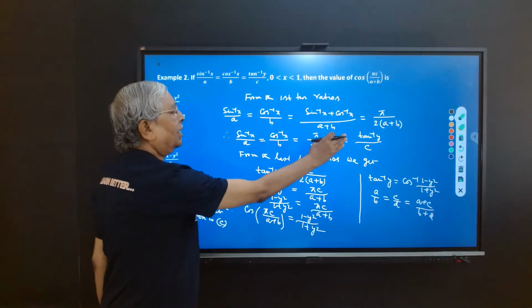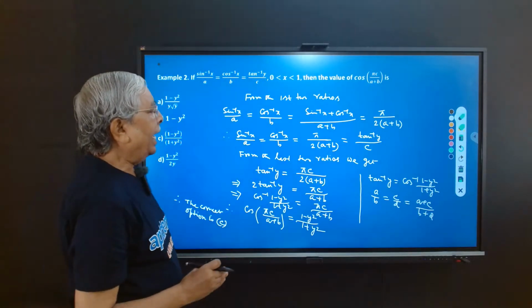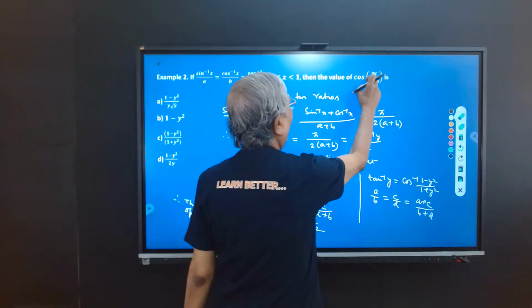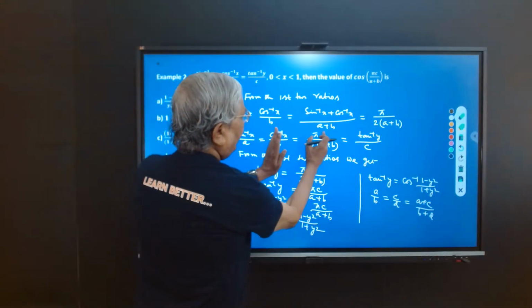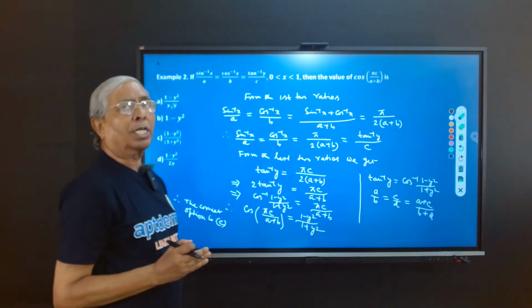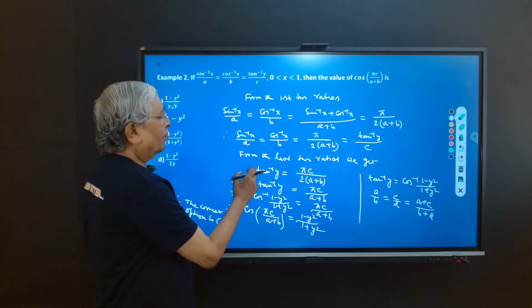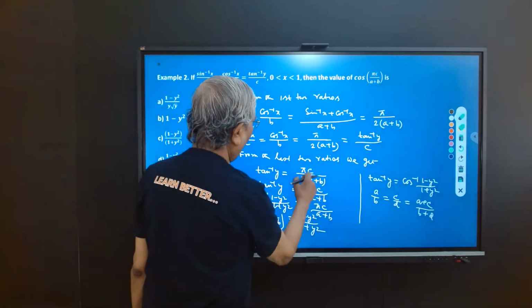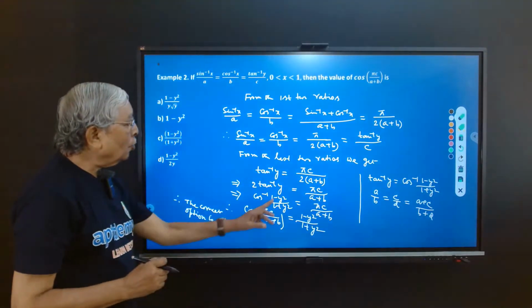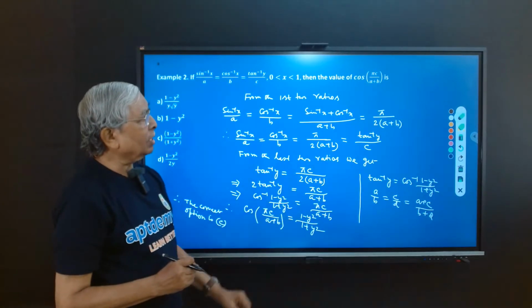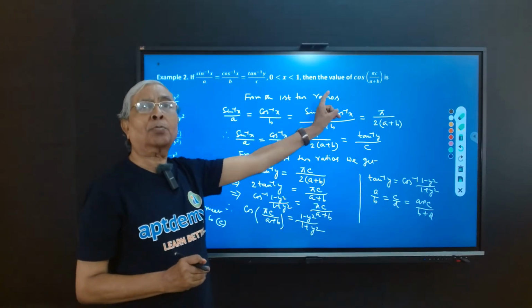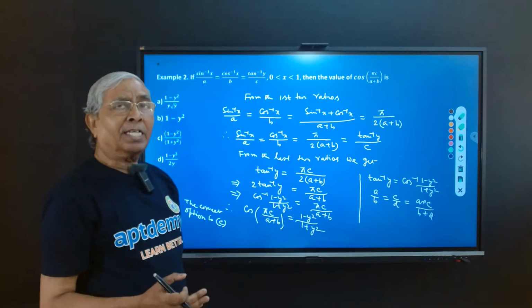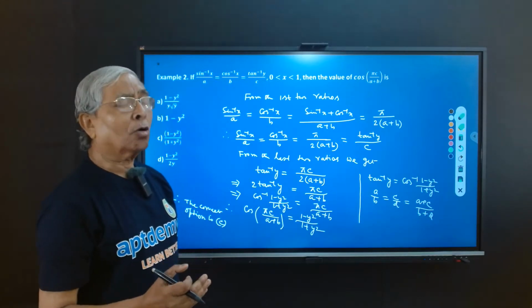Now we are leaving these steps. Now look here, cos of pi C by A plus B. So take the third and fourth ratios. What do you get? Tan inverse y equals this, so 2 tan inverse y equals pi C by A plus B. What do we want? Cos of pi C by A plus B. Now convert tan inverse y in terms of cos inverse.